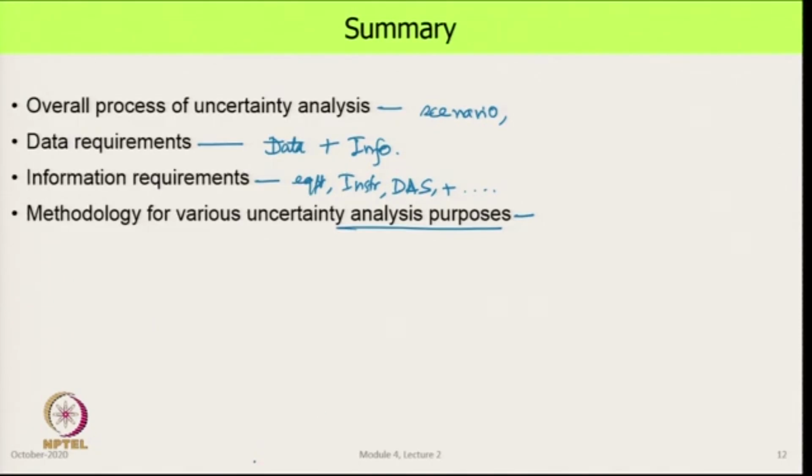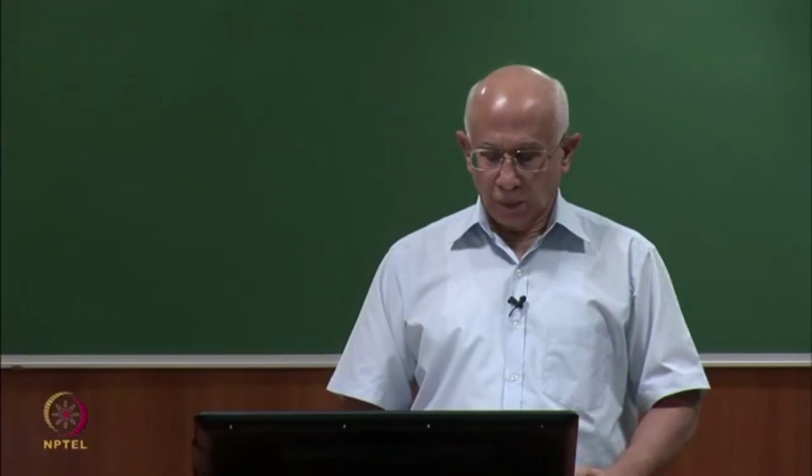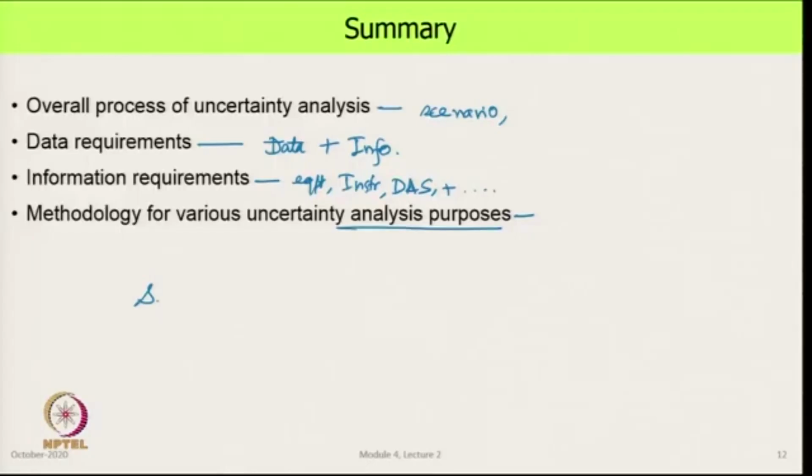So, this will tell us the overall picture of uncertainty analysis, but there is one thing which you will find in statistics or in an experimental methods course, which we will not touch here. That is, for an individual measurement, how many times should I make a measurement to get a certain uncertainty, which is to say, how does S xi bar depend on the number of readings that I take.